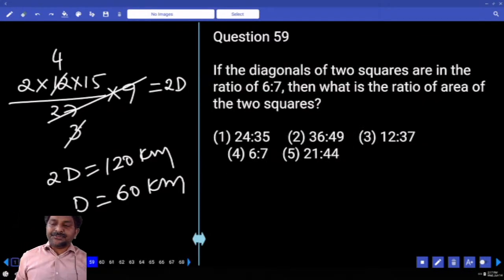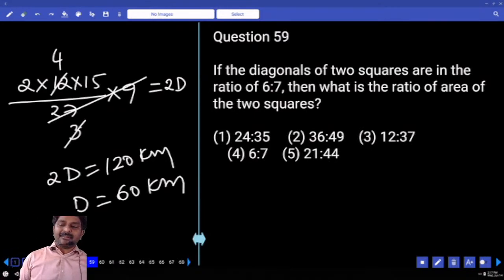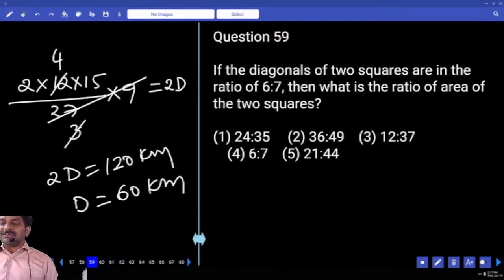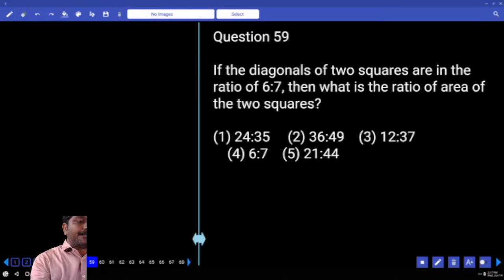If the diagonals of two squares are in the ratio 6:7, then what is the ratio of the area of the two squares? What do you mean by d? The diagonal is root 2 a. That means can I write a is equal to d by root 2?